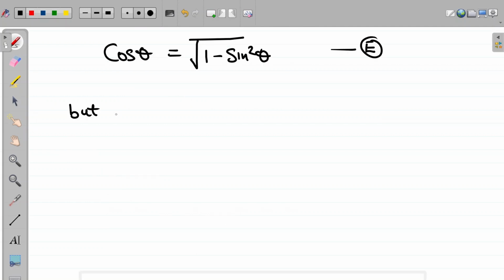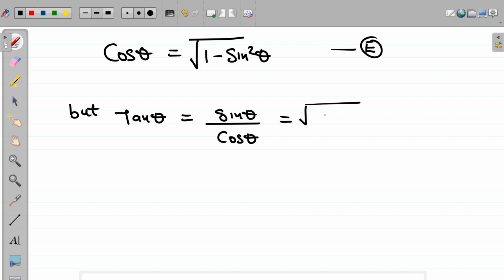But tan theta is equal to sine theta divided by cos theta. We have established that tan theta is equal to root of 1 minus cos squared theta divided by cos theta.